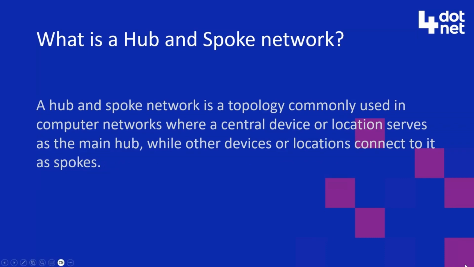Now there are a lot of network topologies that you can use in Azure. One of them is the hub and spoke, but you also, for example, have a mesh network. And in this case, we're going to discuss the hub and spoke network because I think there are a lot of advantages of using a hub and spoke network.